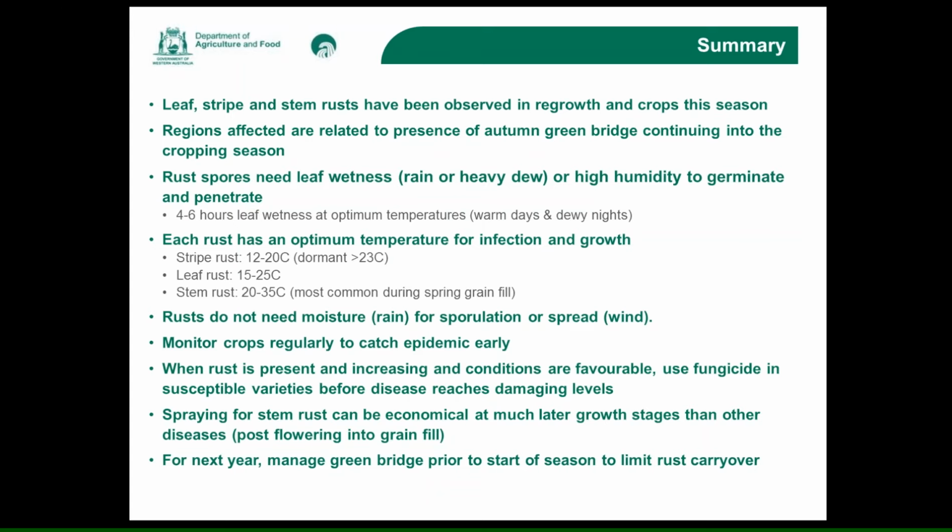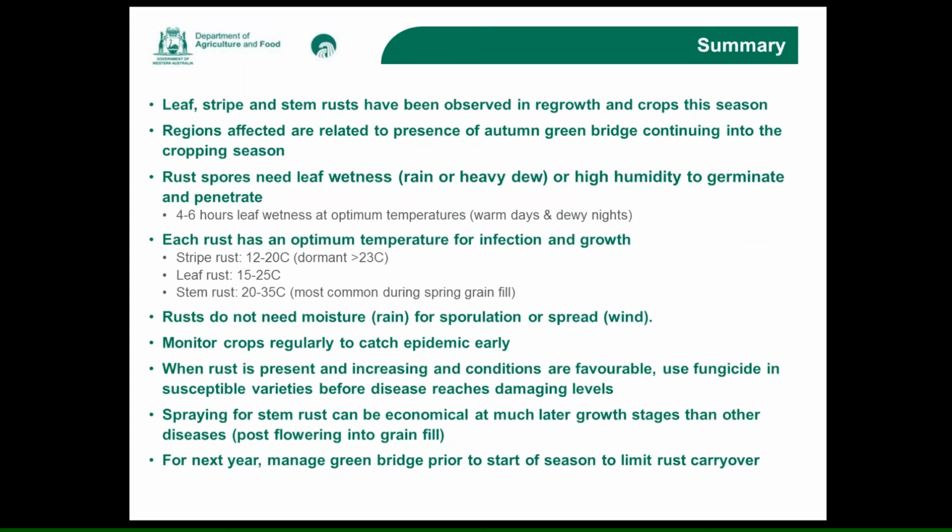But importantly, they don't actually need rain or moisture to sporulate or to spread. In fact, the favourable conditions for rust to spread are warmish, dry days which allow the breeze to spread the spores, and then a damp, humid, rainy or dewy evening when we get infection occurring. So that's pretty common throughout the three rusts.